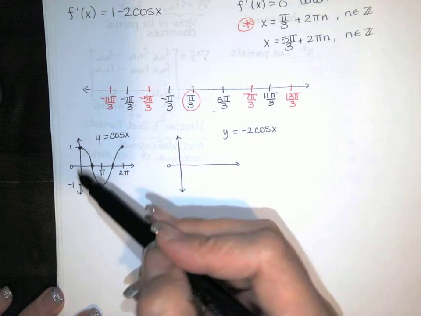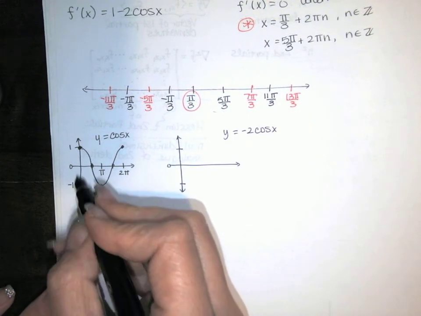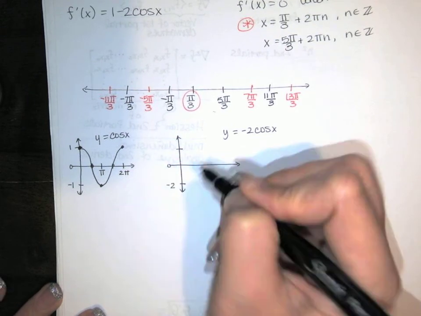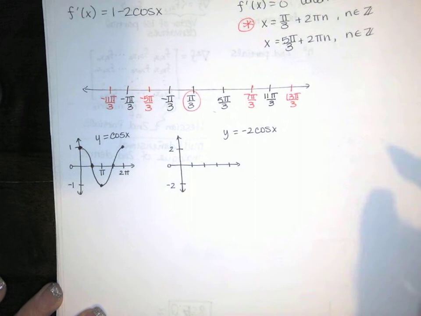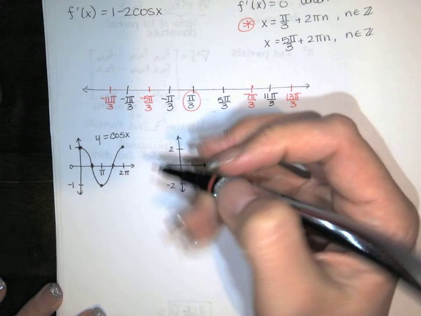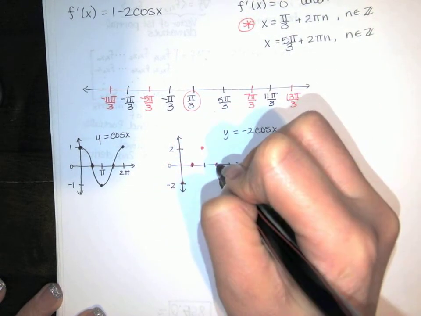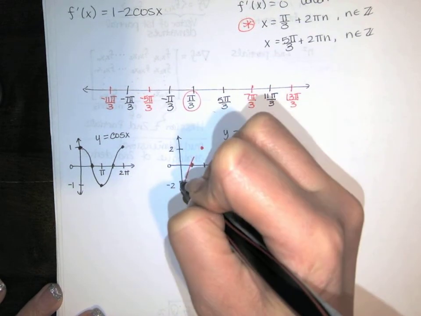So instead of starting at the top, we start at the bottom. And instead of going from negative 1 to 1, I'm going to go from negative 2 to 2. I'll just label my tick marks differently. So it goes min, 0, max, 0, min, and that center line is on the x-axis right now.